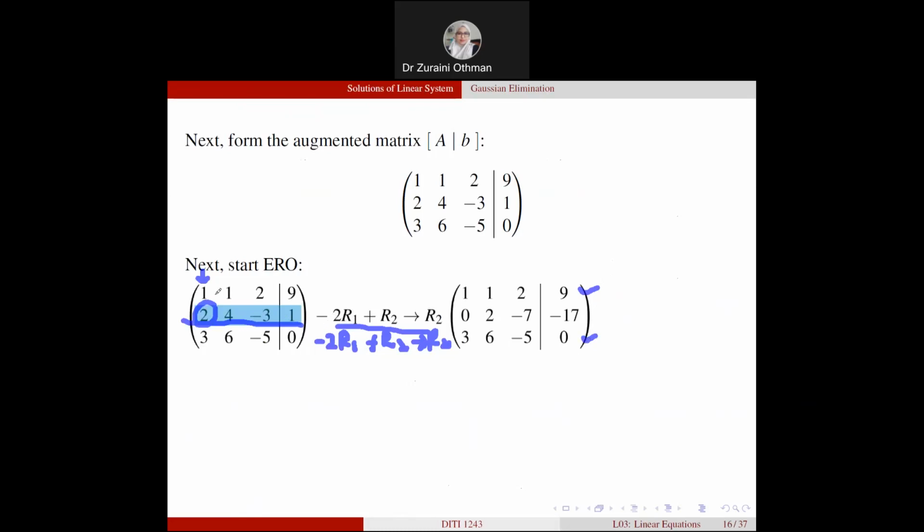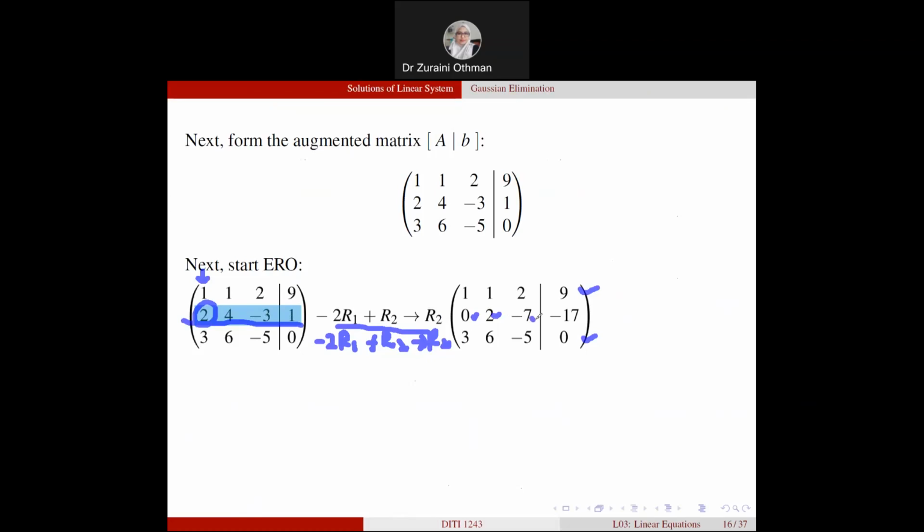So we do it. Okay, negative 2 R1, negative 2 plus 2 becomes 0. And here, negative 2 R1 is 1 plus R2 is 4, which is negative 2 plus 4, it becomes 2. And for the third element here, negative 2 times 2 is negative 4 plus R2 is negative 3.